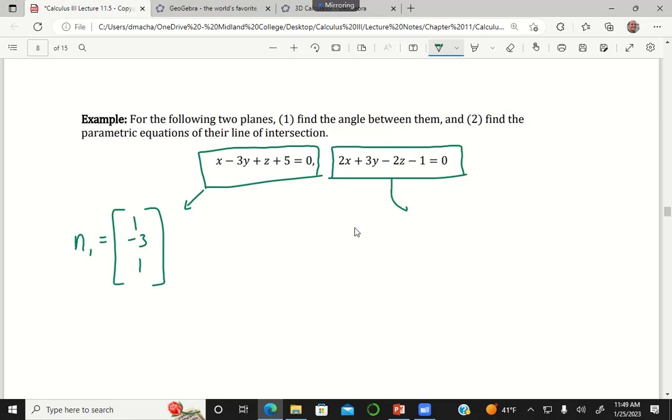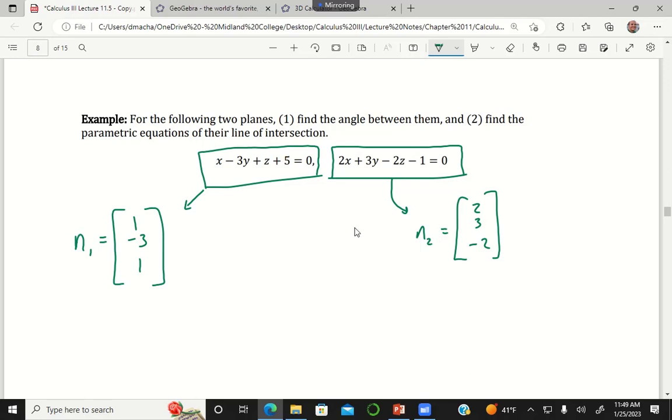And over here, a normal vector could be 2, 3, -2, again, because those are just the coefficients on x, y, and z. So that's how you find normal vectors from the equation for a plane.